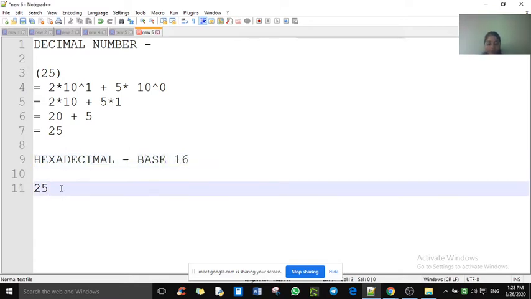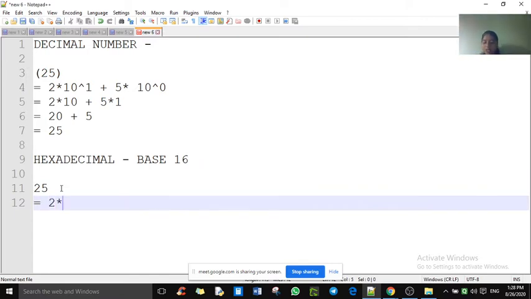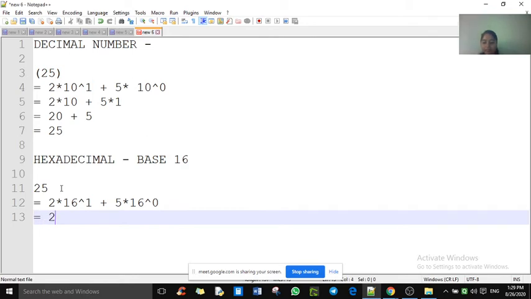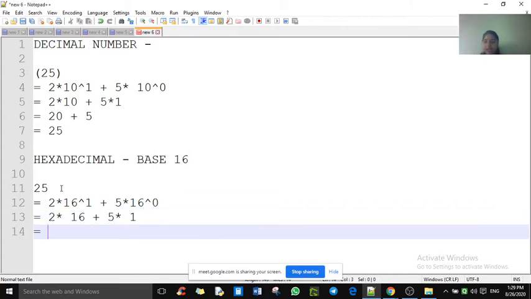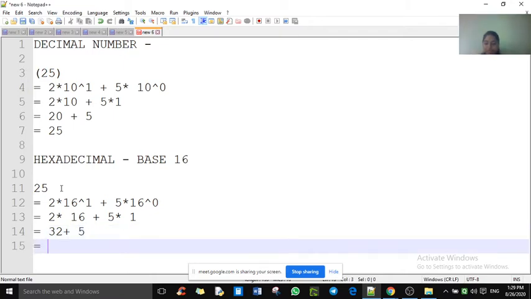So now 2 into 16 to the power 1 plus 5 into 16 to the power 0. 16 to the power 0 is 1. Next step will be 2 into 16 plus 5 into 1. Correct. So that will be 32 plus 5, which is 37.